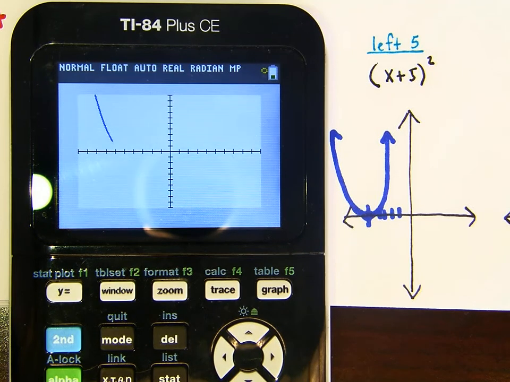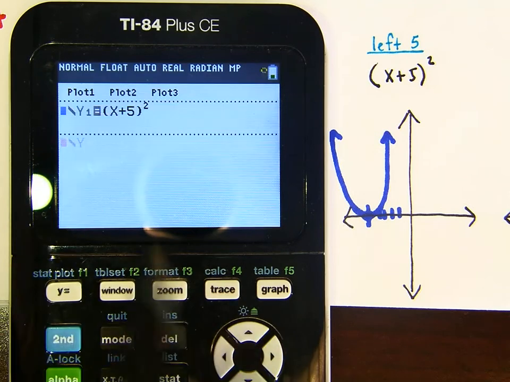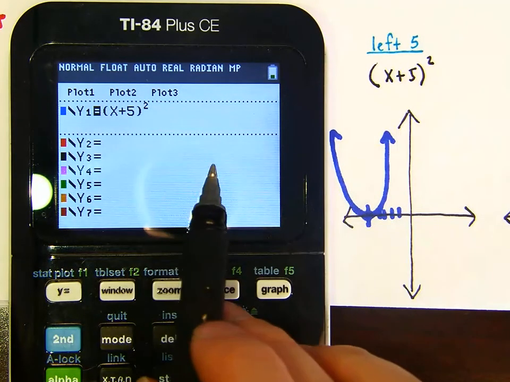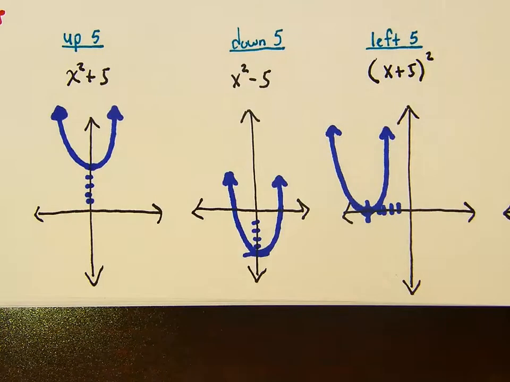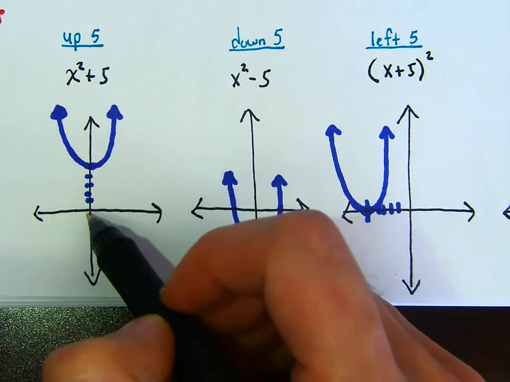Bam. And notice that that made the graph go left 5. And then what do you think it would be for right 5? It would be parentheses x minus 5 squared. Makes it move right 5. So it feels weird that when you take a look at this, if I say plus 5, it feels okay that it goes up.